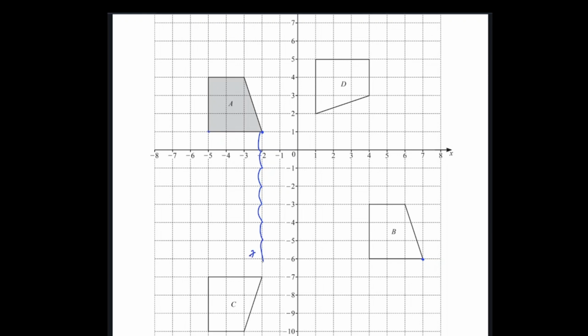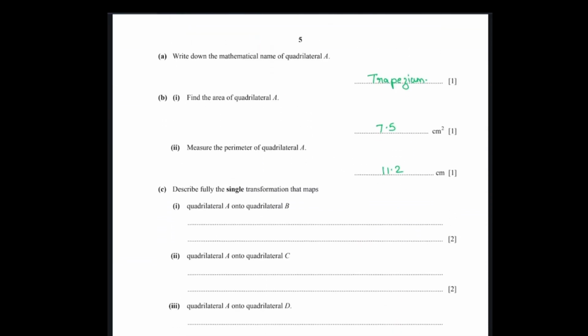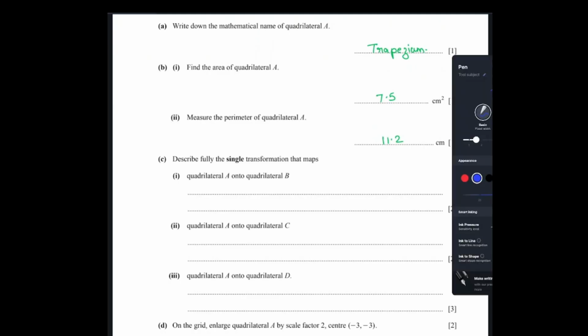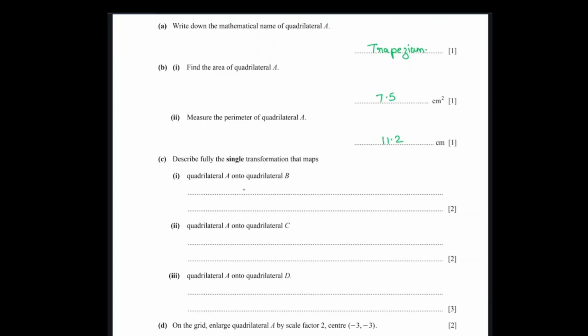Then 1, 2, 3, 4, 5, 6, 7, 8, 9. 9 boxes right. So for right you will use positive, but below you will use negative. So 9 and minus 7 is the vector. So it is translation and the vector is 9, negative 7.